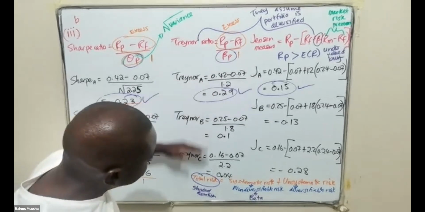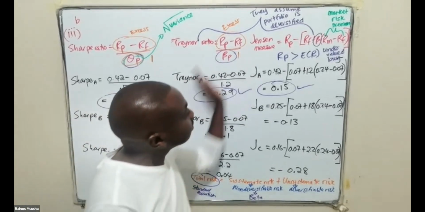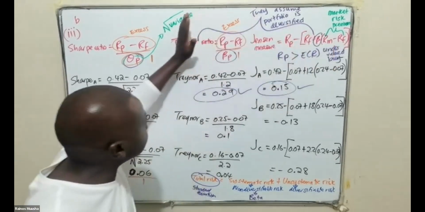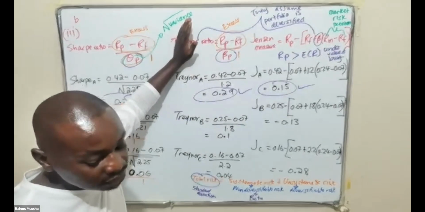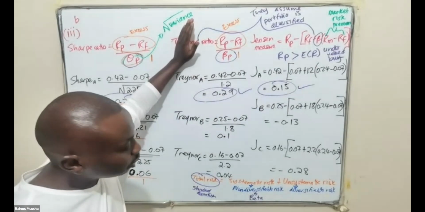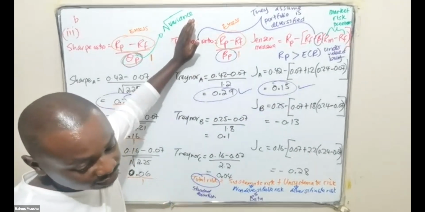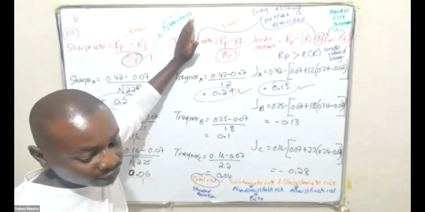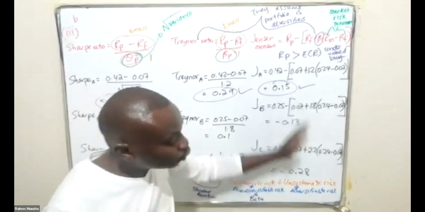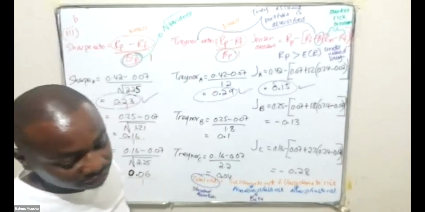If they are not fully diversified, then these measures are no longer relevant. They are no longer relevant because they always assume that your portfolio is fully diversified. That's when they are reliable. The moment a portfolio is not diversified, they are not going to be reliable measures of performance.